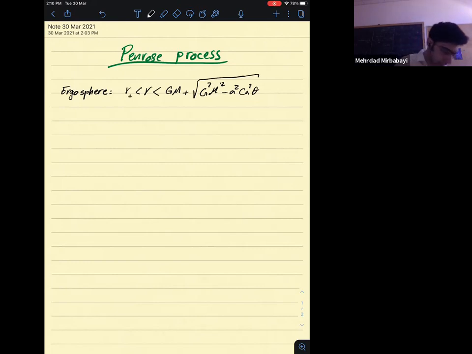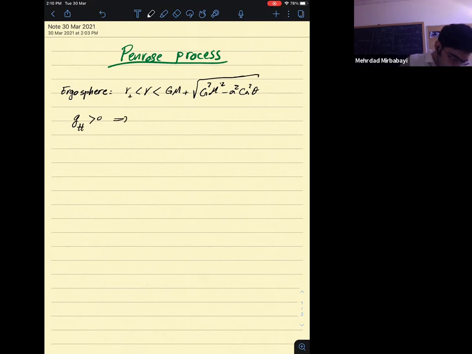So at least this is the part of the ergosphere that we are interested in. And in this region, g_tt becomes positive. So remember, in my signature, the tt component of the Minkowski metric is negative. And there is a consequence of this.